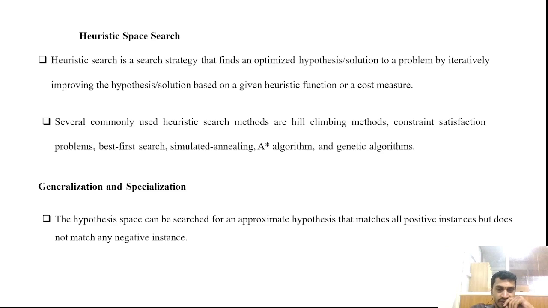That is, for each and every hypothesis we find the cost, and based on that we identify which is the optimized hypothesis.